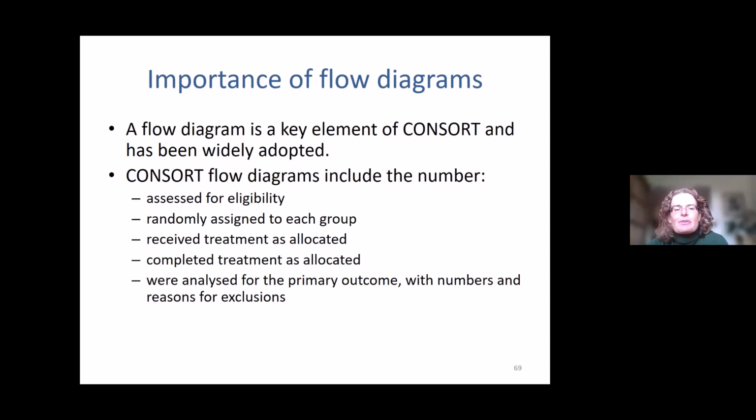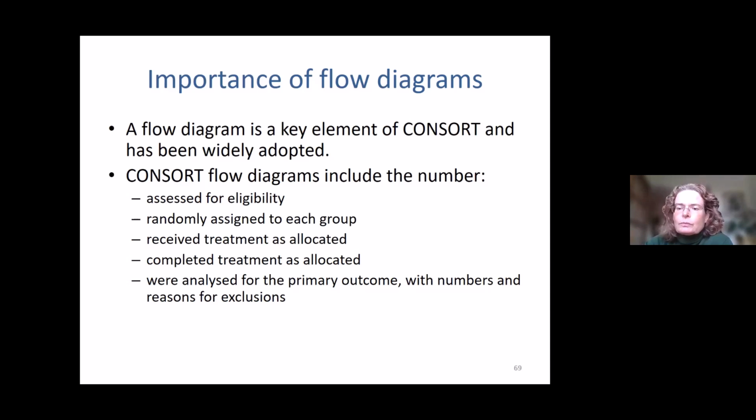And if I just summarize briefly what a standard CONSORT flow diagram would include, it would look at the numbers of patients who are assessed for eligibility, the numbers randomly assigned to each group, the numbers that received the treatment as allocated, and the number that completed treatment as allocated. And in the main CONSORT, as I say, we're looking at the primary outcome with the numbers randomized and reasons for exclusion.